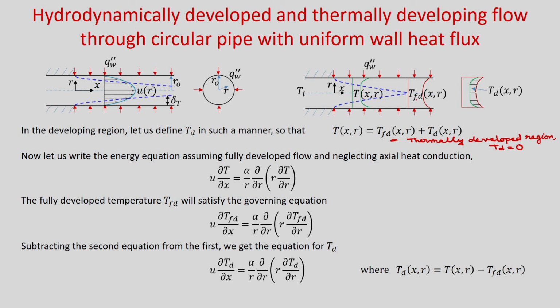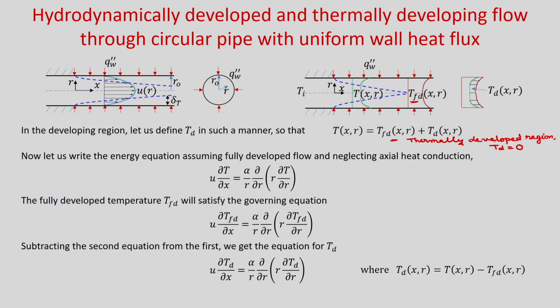This TFD we have already derived, which is your temperature profile in the thermally developed region. Now, you can see that this red color profile is your TFD and this green color profile is your T(x, r). Obviously, in the axial direction, in the core region of the thermally developing region, it will always be Ti, because that is the inlet temperature, okay.